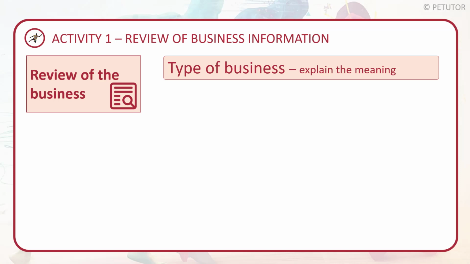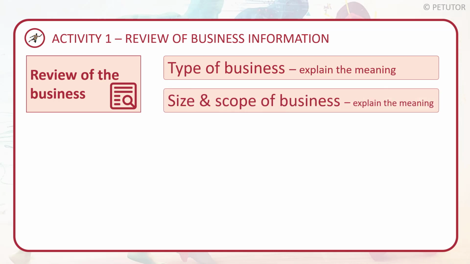They might need to talk about if it's got limited liability or unlimited liability and what that means. Similarly, the size and the scope of the business. They will be given some information about that in terms of numbers of employees or whether it's a national business, etc. They can expand on that and explain again what that means.